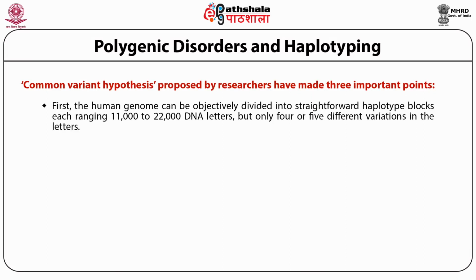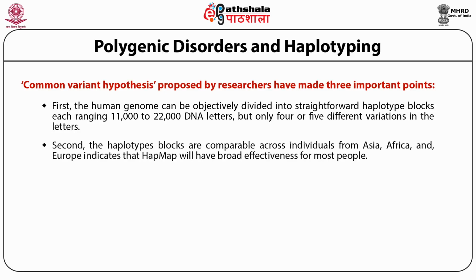First, the human genome can be objectively divided into straightforward haplotype blocks, each ranging from 11,000 to 22,000 DNA letters, but with only 4 to 5 different variations in the letters.